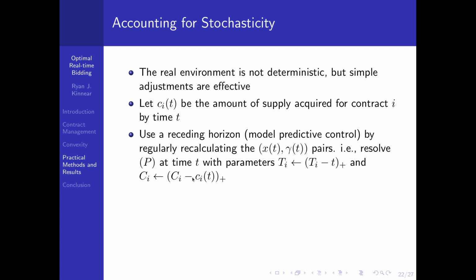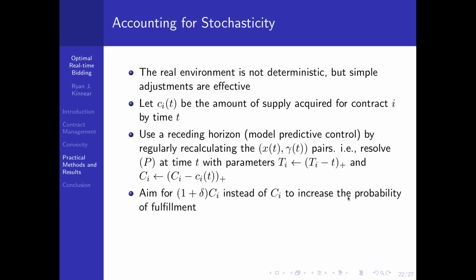So basically you construct new contracts with time deadlines that are the original deadline less the current time, and have a target supply of the original supply less the already attained supply, and then you just solve the problem again. This is called the resolving heuristic, or model predictive control, receding horizon, things like that. You're essentially just resolving the problem as if it's deterministic multiple times over the lifetime of the contracts.